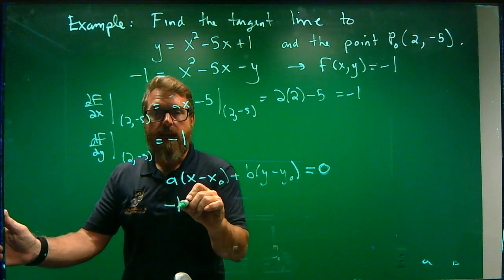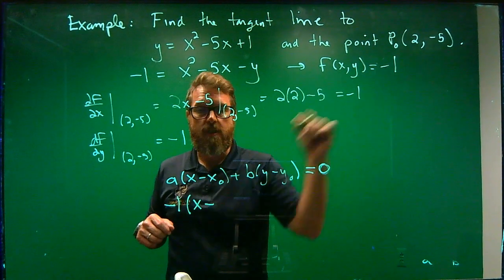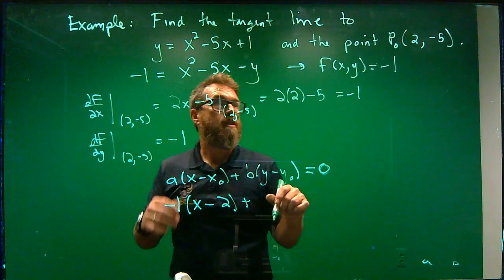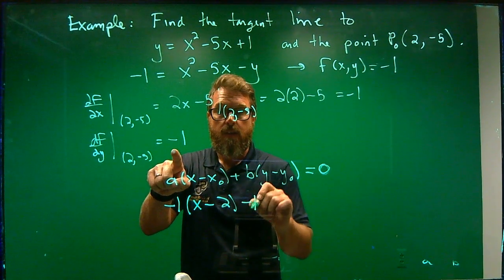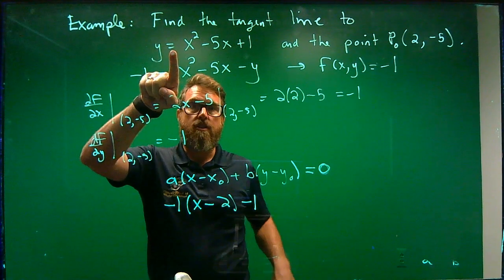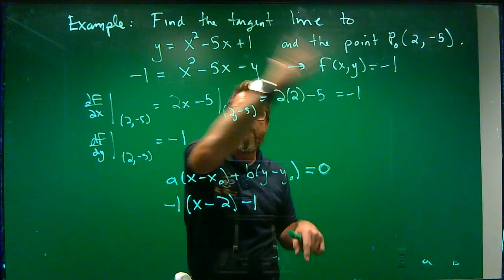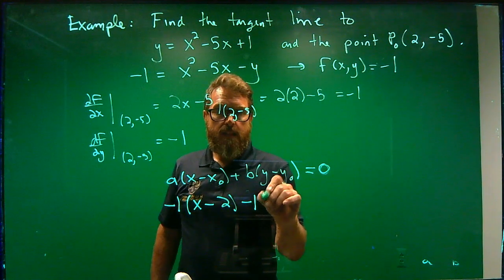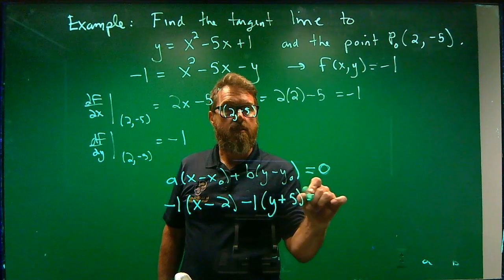So a comes from the derivative of f with respect to x, evaluated at the point, times (x minus 2), plus b, which is negative 1 as well. What's interesting, and this is the big point, is that if this is done explicitly, this coefficient will always be negative 1, assuming you send all your variables to the right and all your constants to the left. Times (y minus minus 5) is equal to 0.